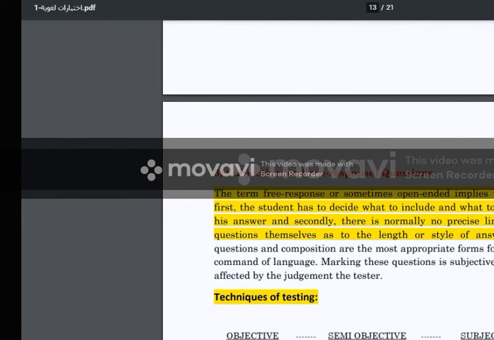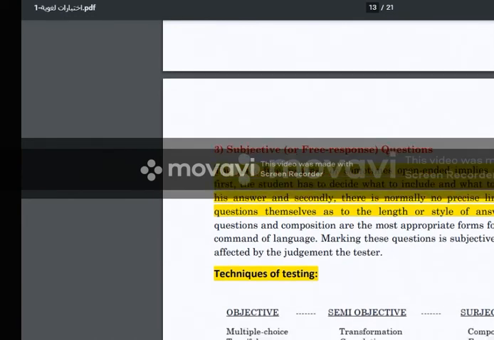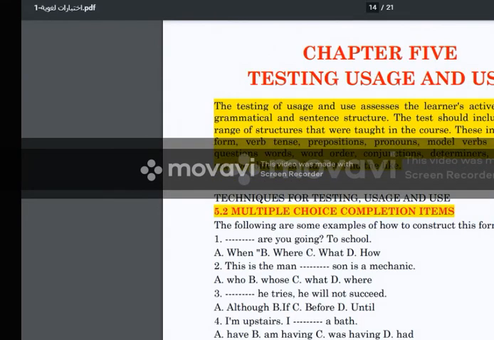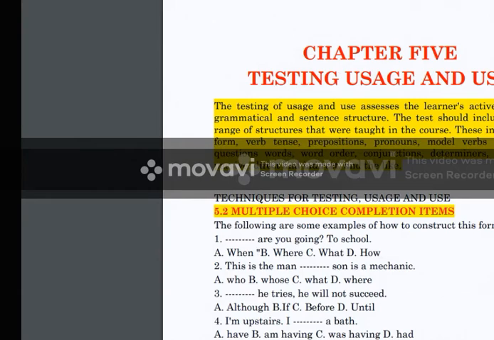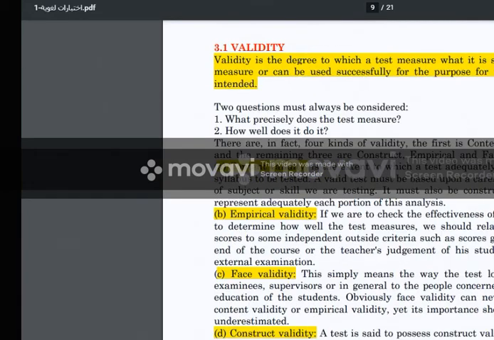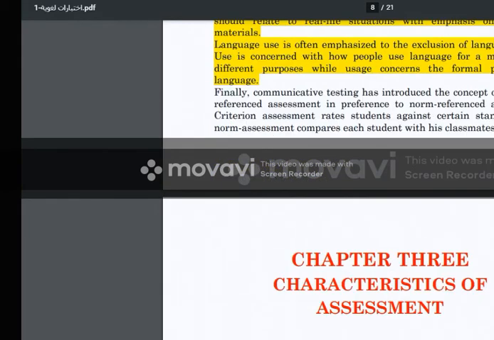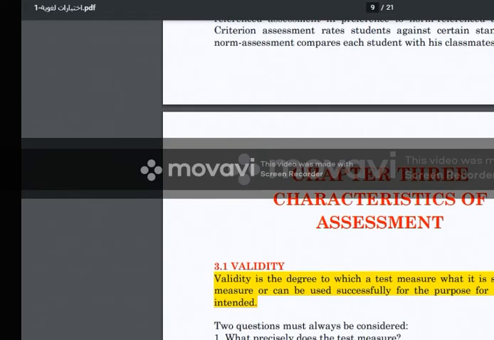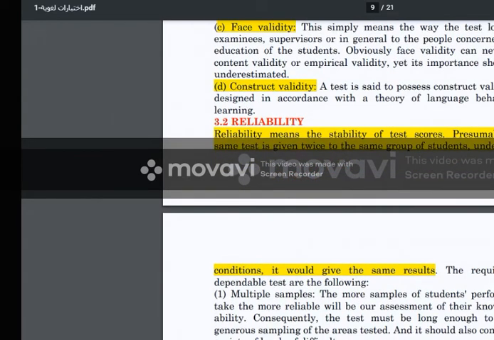Can you hear me, please? Yes, doctor. When I design a test to measure students' vocabulary knowledge, and I ask them to do a grammar test, is it valid or not? Pardon, sir. Can you repeat the question, please?